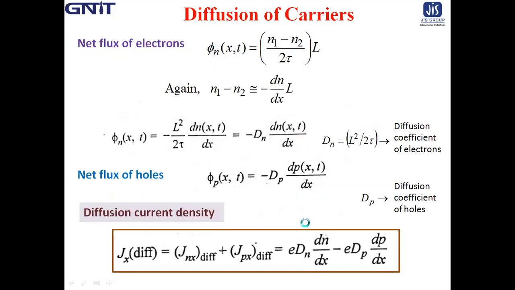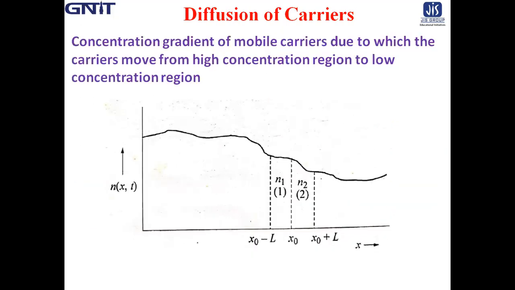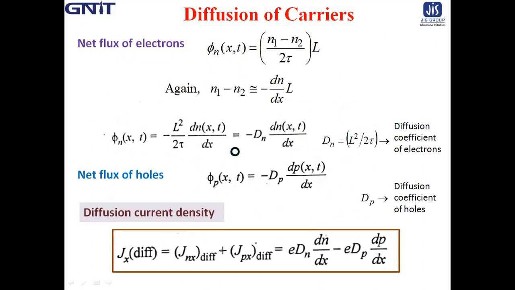Therefore, the net flux of electrons to the right side of x0 is, say, phi n(x,t), because it is a function of x and t, which is (n1 minus n2) by 2 tau into L. Now again, n1 minus n2 is almost equal to minus dn/dx into L. Why is there a minus sign present?